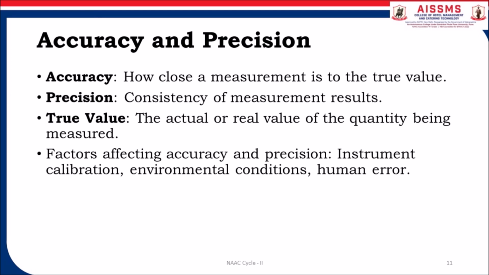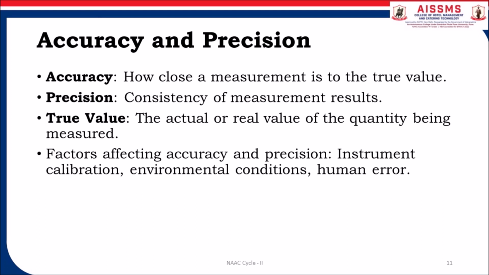Accuracy refers to how close a measurement is to the true value, while precision is about getting consistent results. True value in the context of measurement refers to the actual or real value of the quantity being measured without any errors or uncertainty.